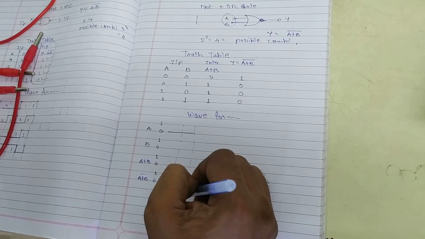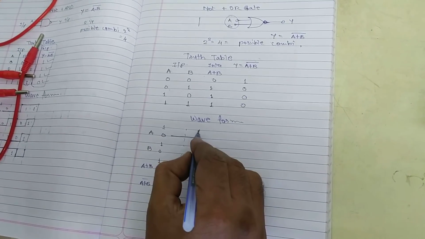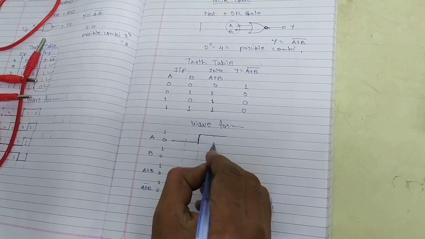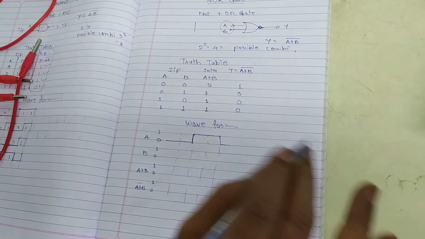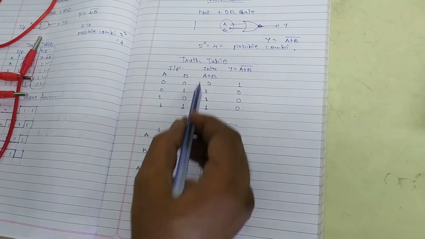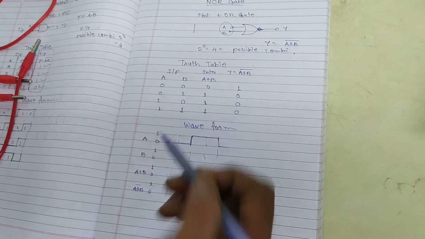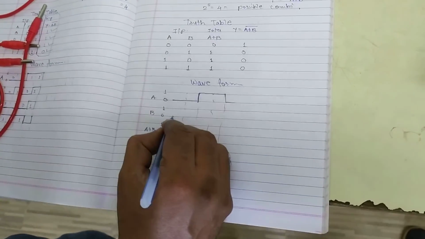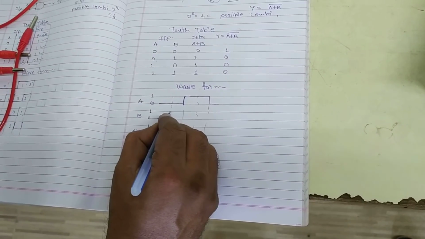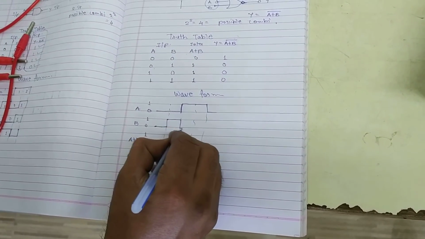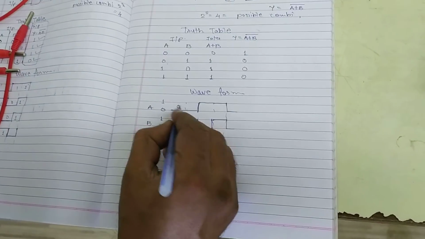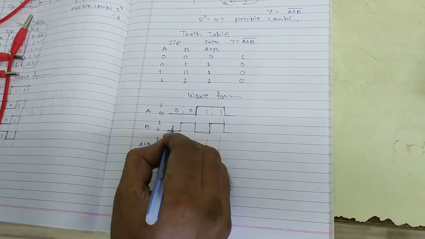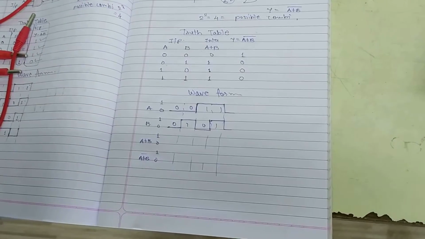Okay, and then 2 continuous 1. Okay, then again 2 continuous 0. In the case of B, it is 0 1 0 1 toggling. Fine. So A is 0, B is 0 and then 1 and 0 and then 1 and 0 and 1, like this. So these are 2 0 1. This is 0 1 0 1.